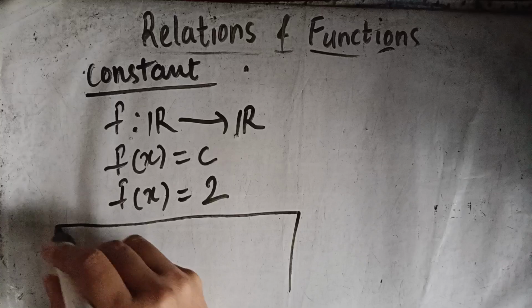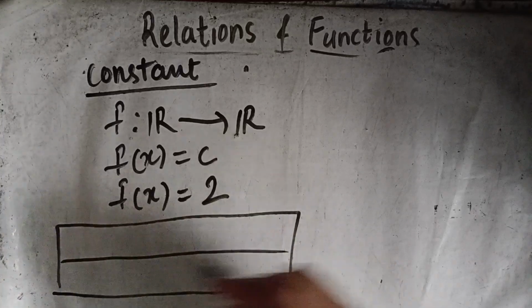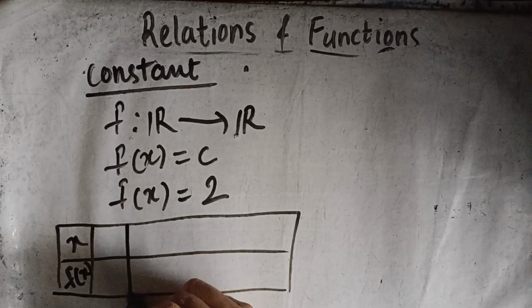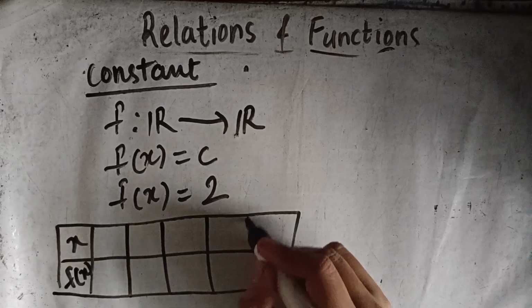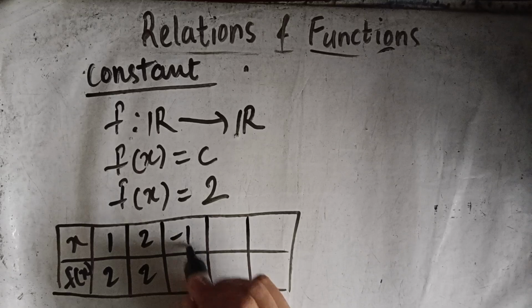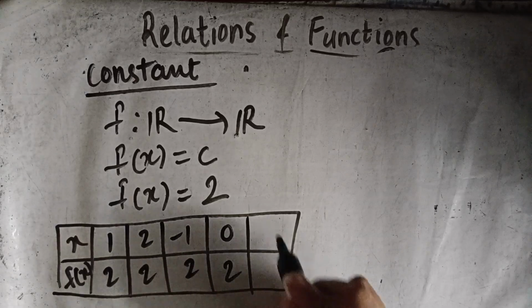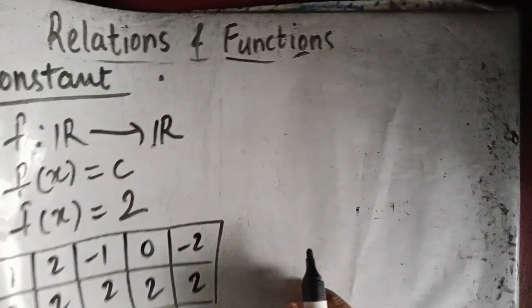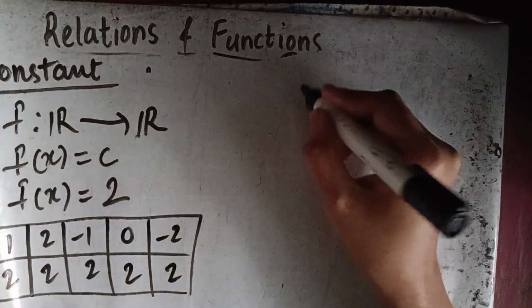So if I draw the table of f of x, for 1 I'll get 2, for 2, 2, minus 1, 2, 0, 2, minus 2, 2. So whatever it is, we'll get 2 as y.